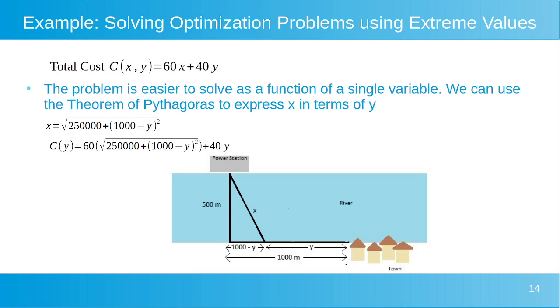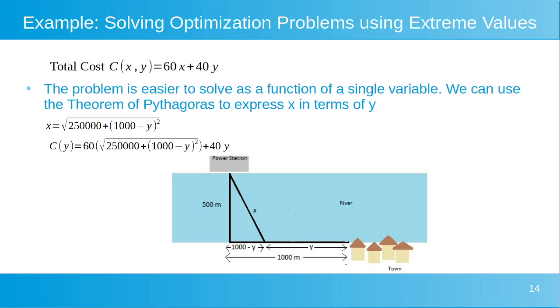So x is equal to the square root of 500 squared, which is 250,000, plus the 1,000 minus y term squared. So now we can take that representation for x and put it back into our total cost function and express the total cost simply as a function of y.